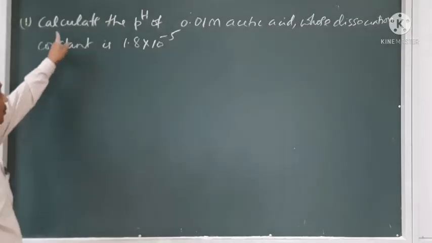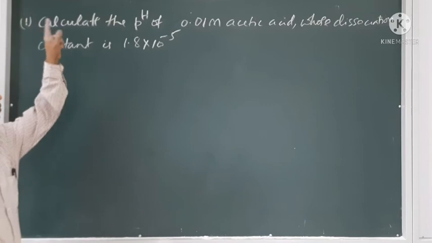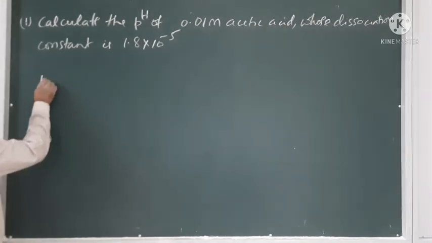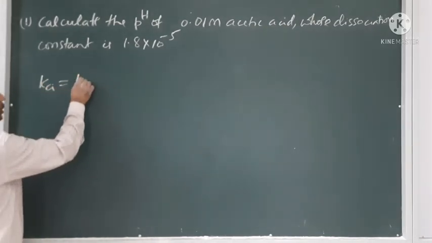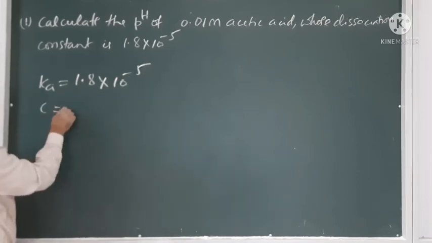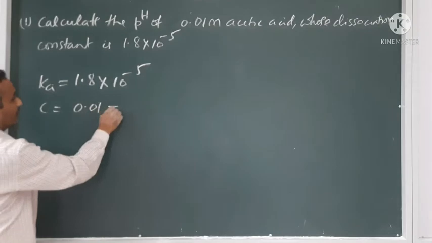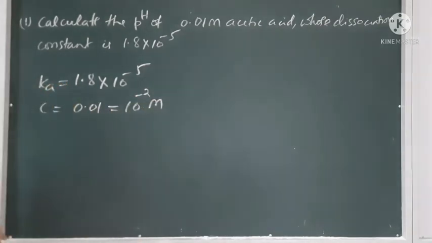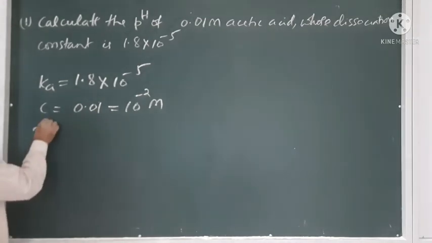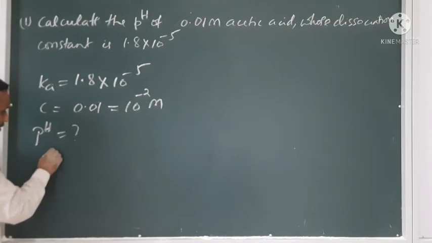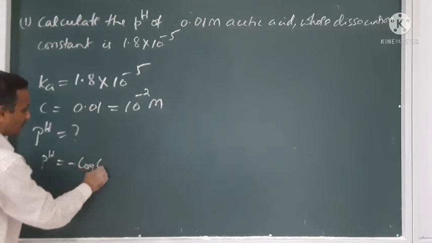Now see this problem. Calculate the pH of 0.01 M acetic acid whose dissociation constant is 1.8 into 10 to the power minus 5. The Ka value is given as 1.8 into 10 to the power minus 5, and C is known as 0.01, which I can write as 10 to the power minus 2 M also. Then they ask for the pH. The formula is pH equal to negative logarithm of H plus ion concentration.